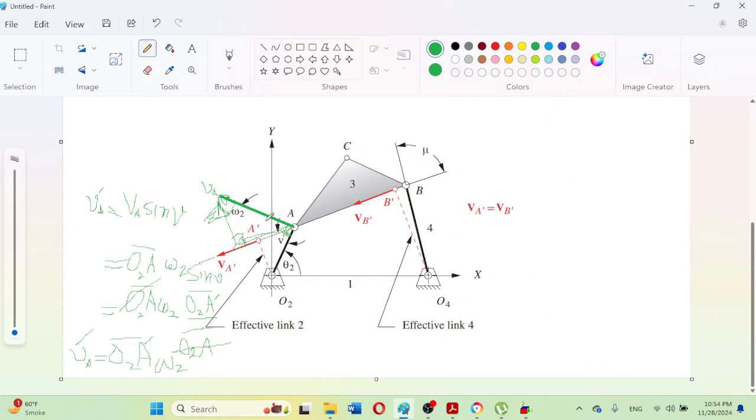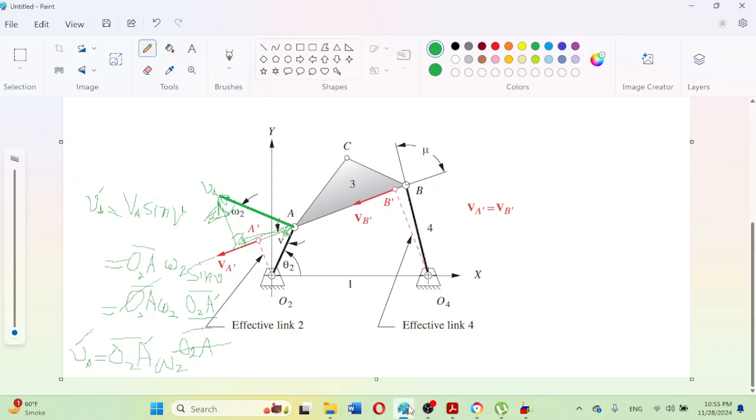When this velocity Va is perpendicular to this link, the whole velocity will be perpendicular to this effective coupler link. No component of this velocity Va will be along this coupler link.